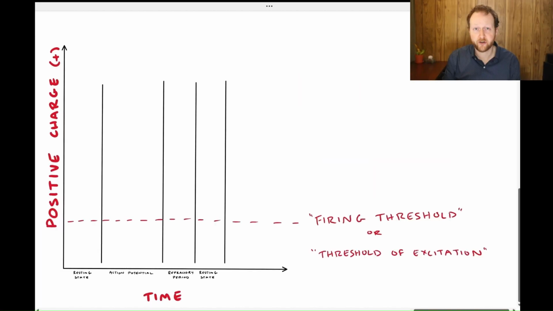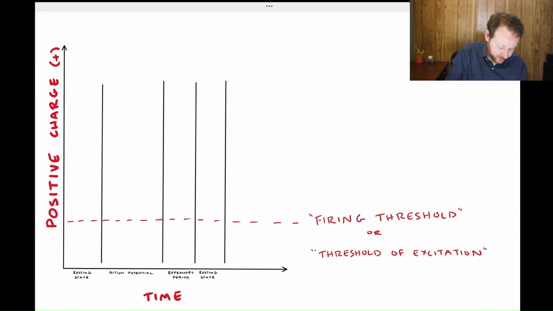We can use this diagram to describe the time course as a neuron moves from its resting state to firing of an action potential, down to its refractory period and then back to its resting state. So on the y-axis here, we have the positive charge of the neuron, and on the x-axis, we have time. So the farther right we move, the more time has passed.